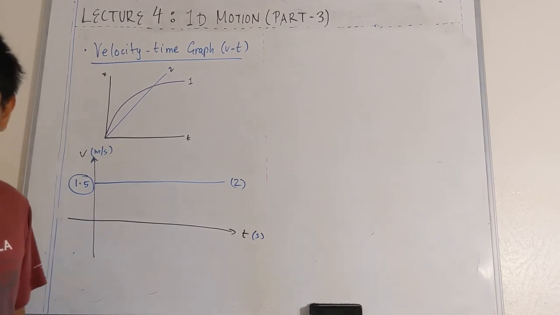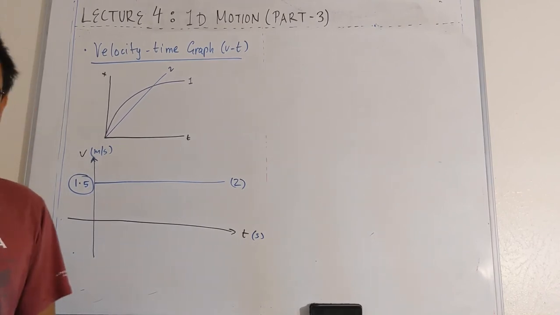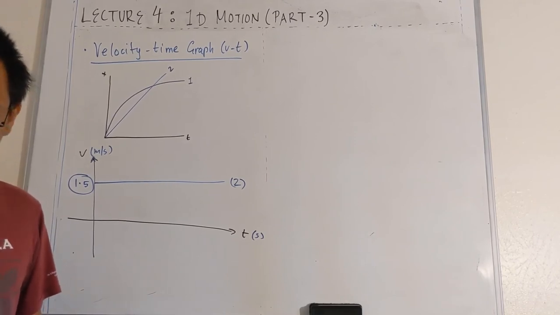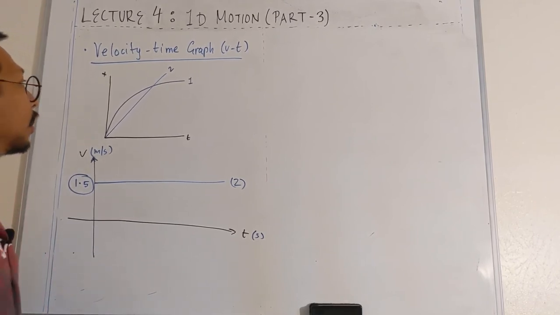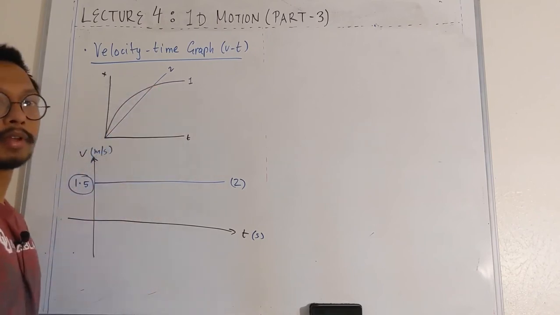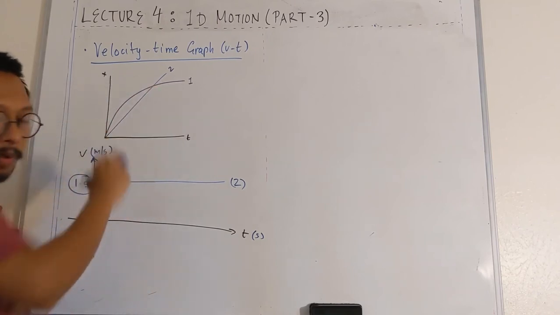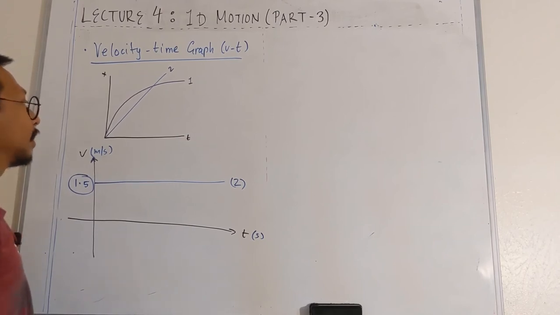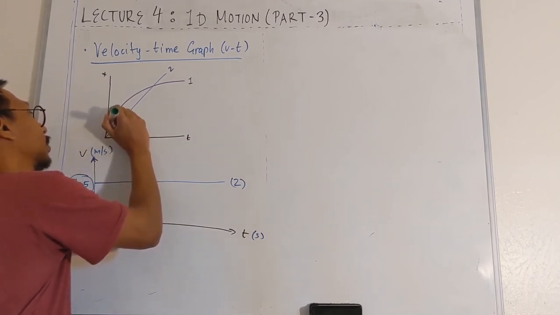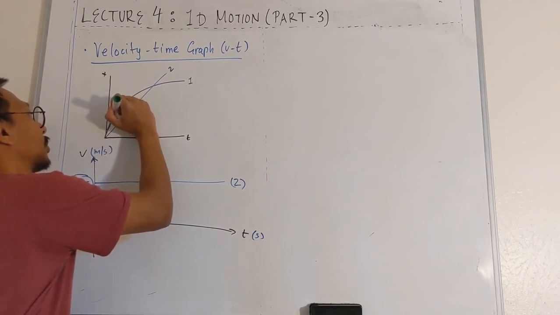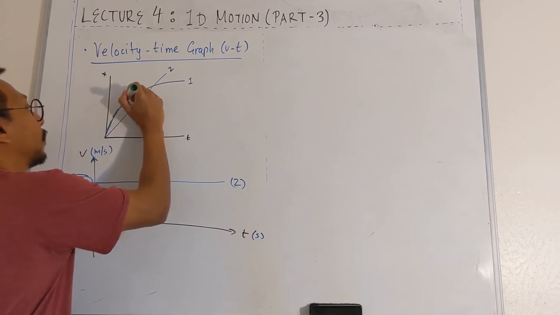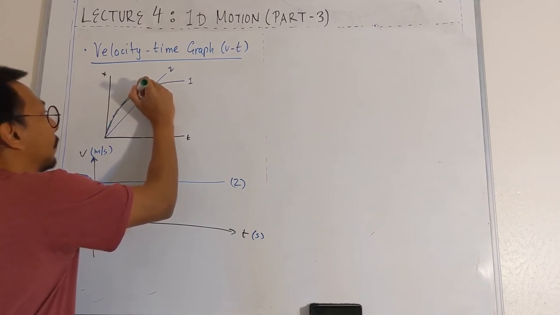For person 1, it's a bit different, right? So for person 1, we have seen that for any curve, the tangents at each point in time are always changing. For this particular curve, we have seen that the tangents at each of these points started out pretty steep, but started flattening out.